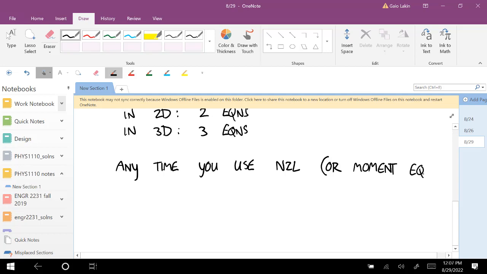I'll call that the moment equation. A lot of times I also call it the rotational form of Newton's second law. It's derivable from Newton's second law, but that's just the moment equation. So anytime you use Newton's second law or rotational Newton's second law, you have to draw a free body diagram.